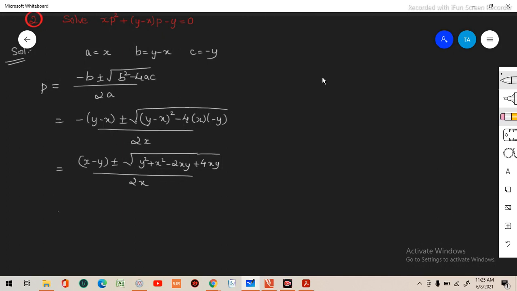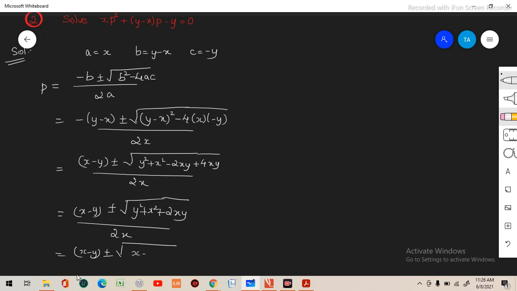Now this is equal to x minus y plus or minus square root of y squared plus x squared plus 2xy, divided by 2x. This is equal to x minus y plus or minus square root of, can I write like this? Can I write like that?